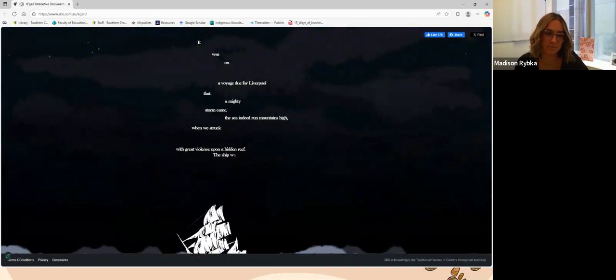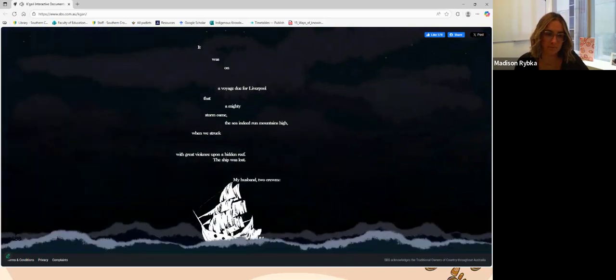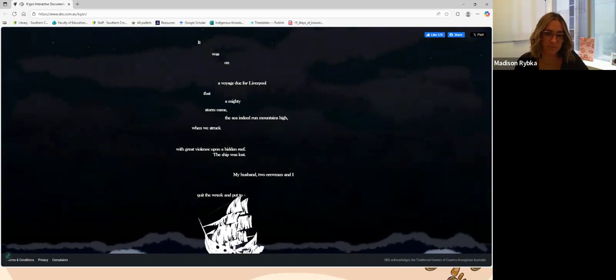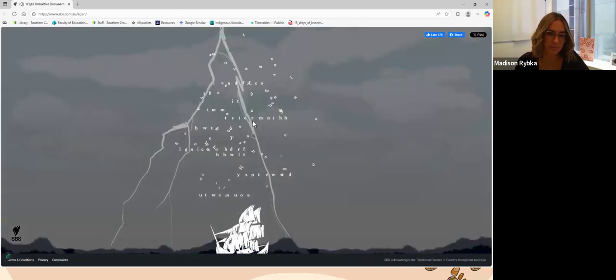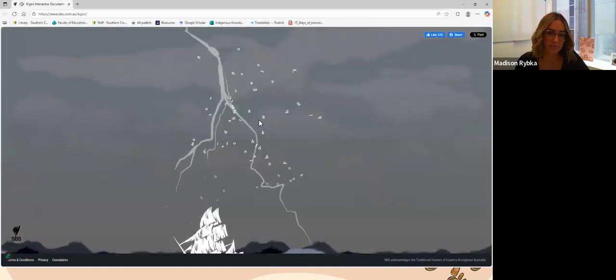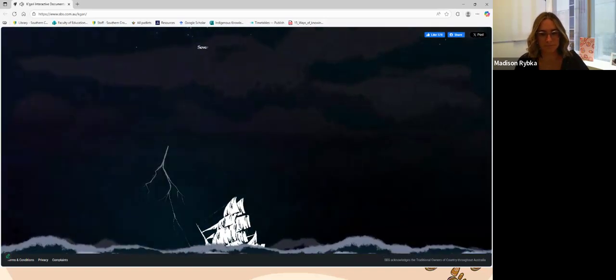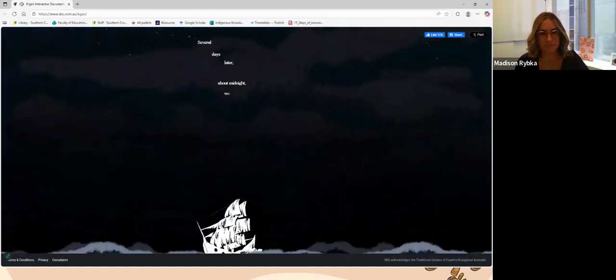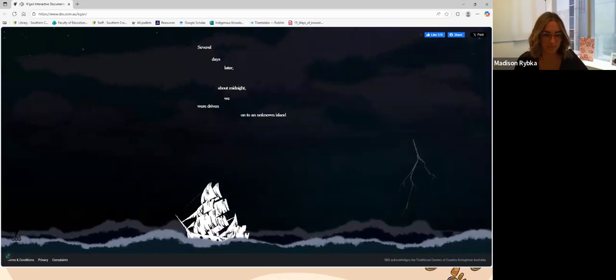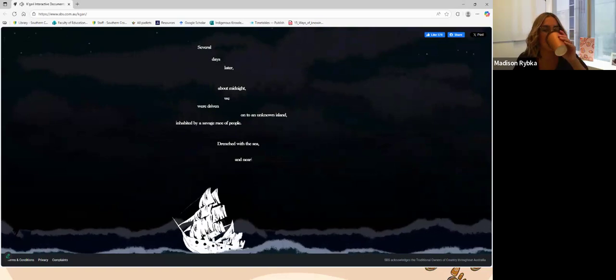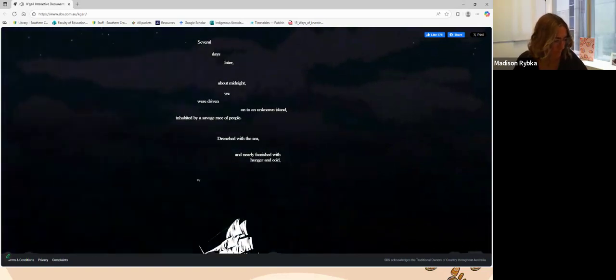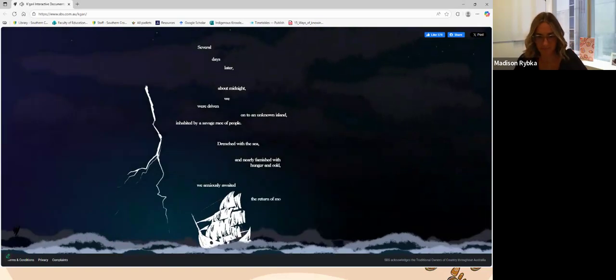The ship was lost. My husband, 2 crewmen, and I quit the wreck and put to sea. Several days later, about midnight, we were driven onto an unknown island, inhabited by a savage race of people. Drenched with the sea and nearly famished with hunger and cold, we anxiously awaited the return of morning.